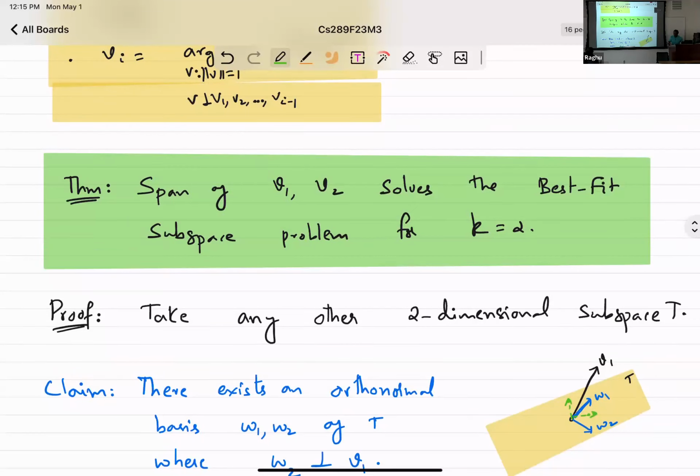And here, W2 is not perpendicular to V1 potentially, but all we are saying is that I'm picking, among all the available bases, one where W2 is perpendicular to V1. If you want to find out how to do it, you can project V1 onto the thing, choose that as the first direction, and then the perpendicular one will be perpendicular to V1.